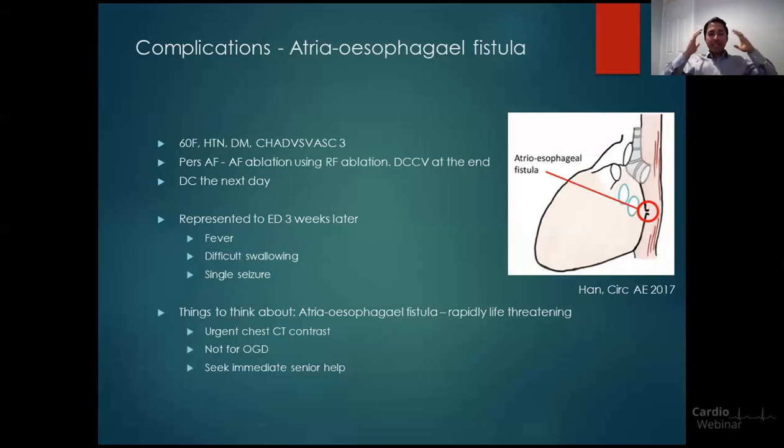So this is something you have to be really mindful of. The investigation is an urgent chest CT with contrast, not an OGD, because an OGD risks worsening it. And you seek immediate senior help, whether it be the electrophysiologist and the surgeon, because this has very high mortality. I just wanted to spend a bit of time explaining that one, because I know not everybody knows about this complication. And as an EP doctor, we are always mindful and worried about this particular one.